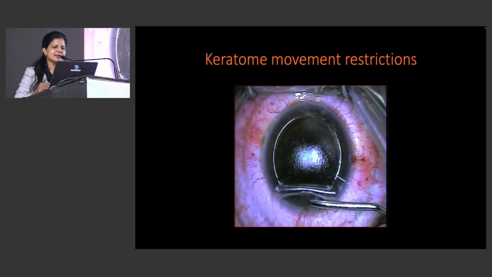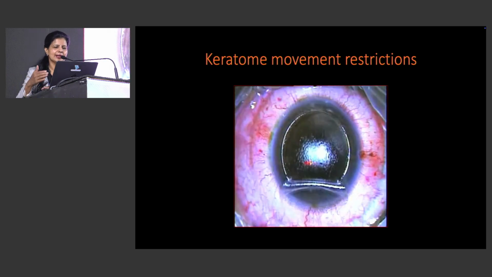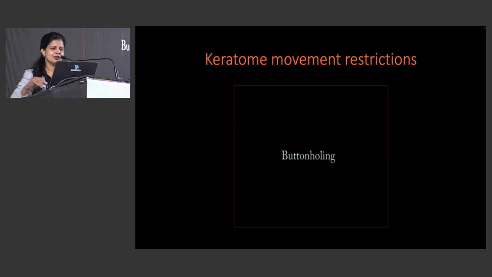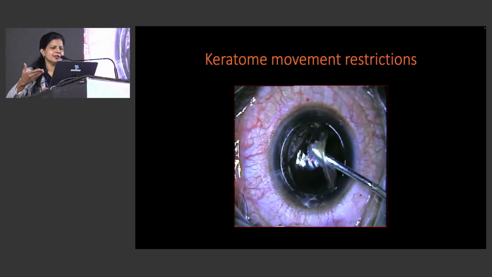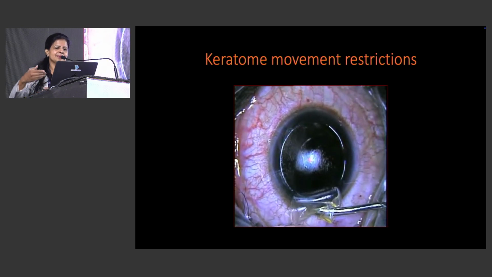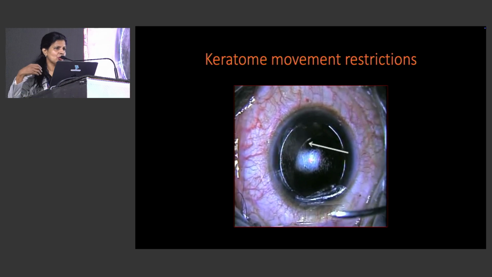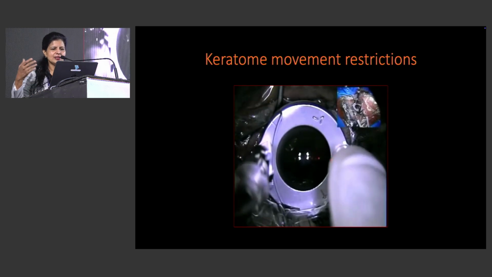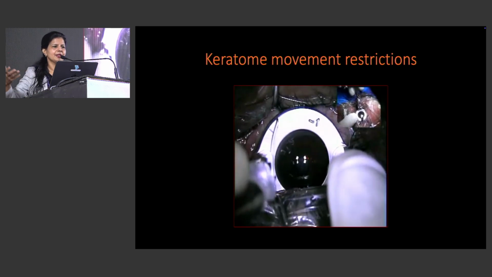It doesn't complete its full run, and you can have a hinge prematurely, like you see over there, a large, long hinge. Plus, if there are undulatory movements of the blade, you can get something like buttonholing that may not be through and through, but can cause elevation in the stroma. So these are sources of aberrations, basically.